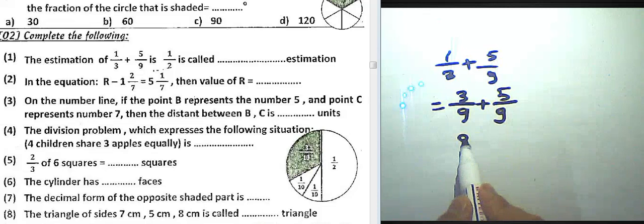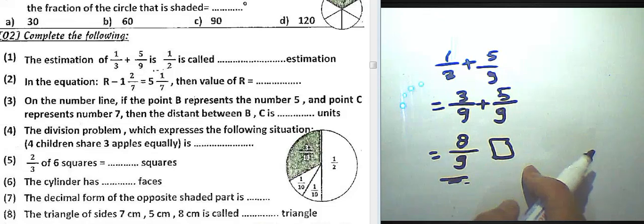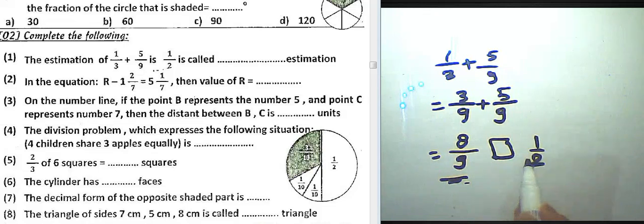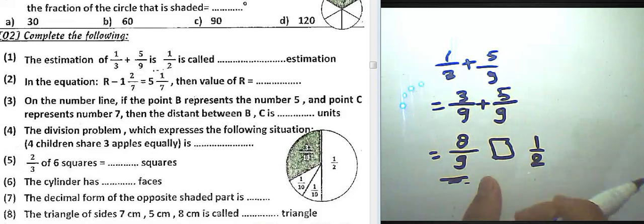Then the result will be 8 over 9. And we must compare between the actual number and the estimation. He tells us the estimation will be half here. So which is greater, 8 over 9 or 1 over 2? You must find the least common multiple between the two denominators here, or use the product of extremes equal product of means.